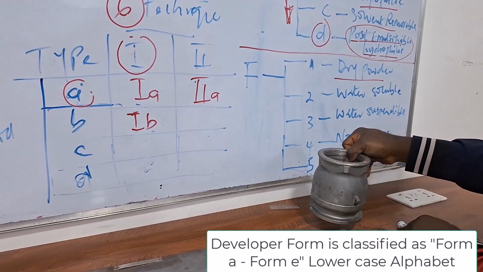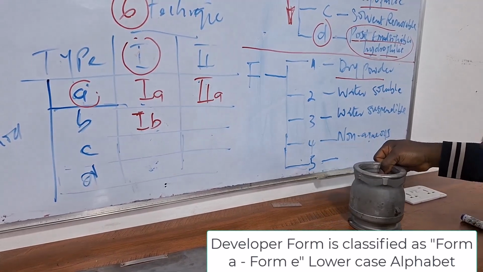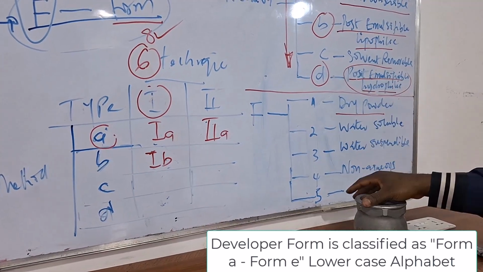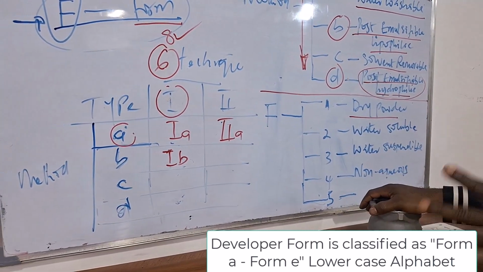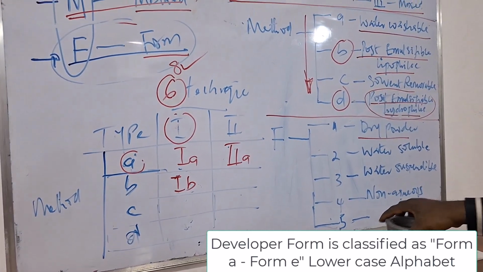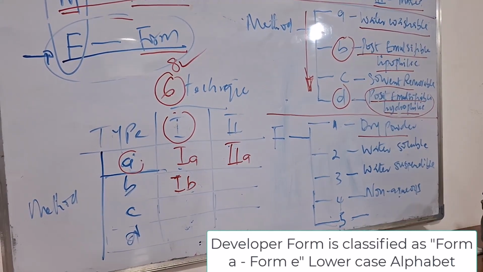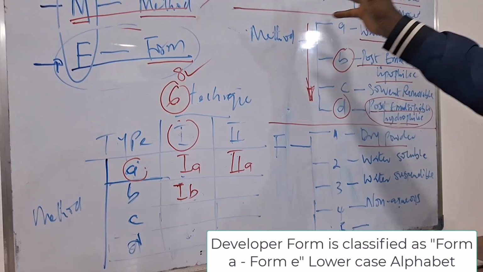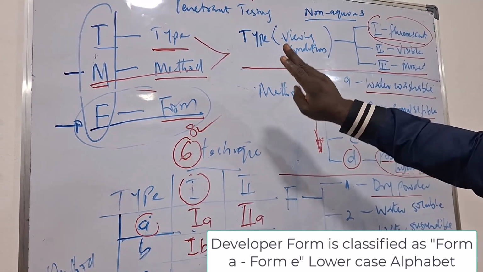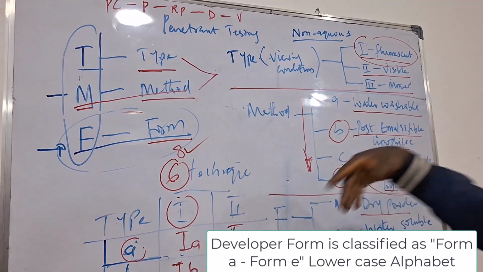It also depends on the manufacturing method. Some materials are more favorable to certain types of developer. So you need to look into all of this when choosing the form of developer that you want to use. So basically, this is the classification of the penetrant testing method.